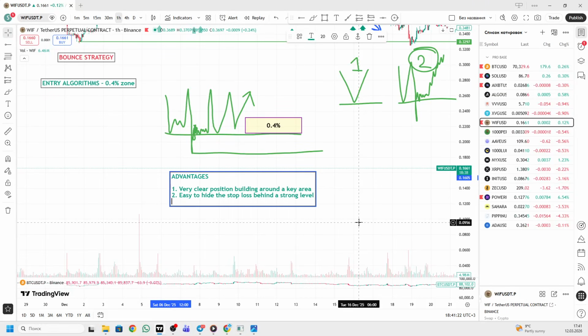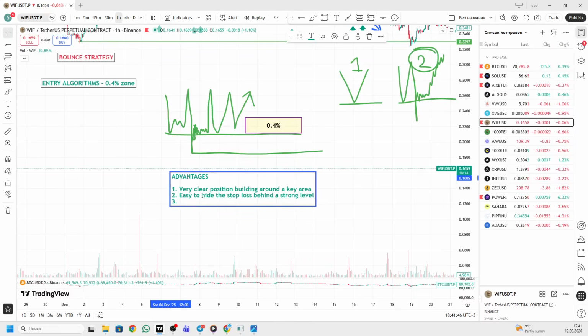Okay, what else do we have? The asset is not flying around widely, right? That's why I told you at the first stage, keep volatility around 1.7 to 2%, so everything stays calmer. So how can we write this advantage?